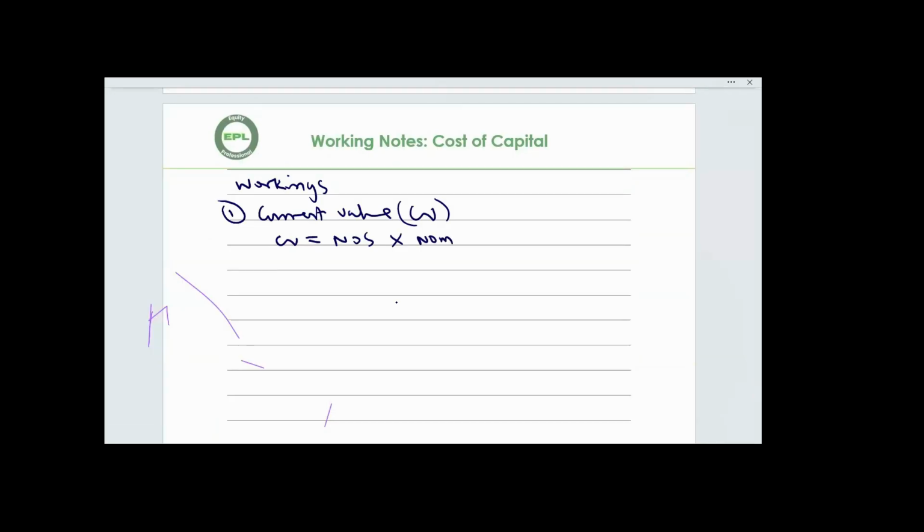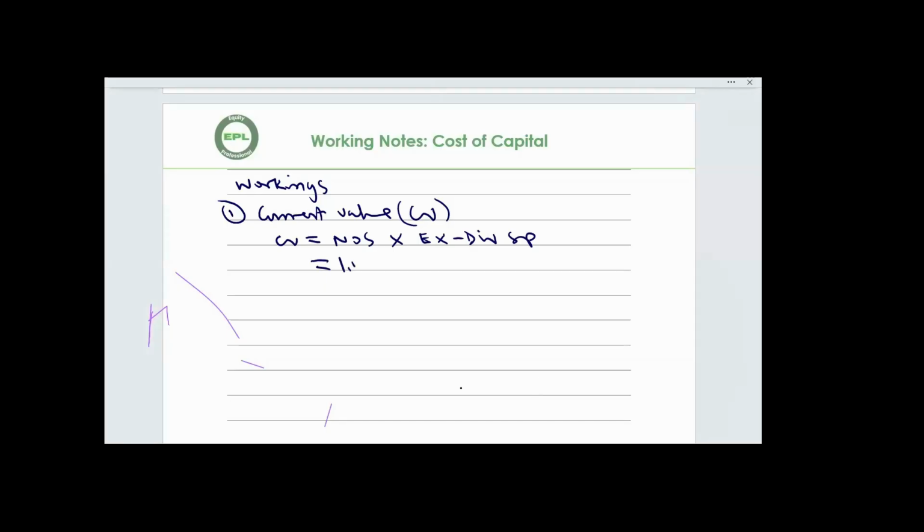Sorry, we are given market value, so multiplied by ex-div share price. The number of preference shares, according to the question, Johnson is financed with 1 million redeemable preference shares with a nominal value of 1 naira. So I don't need nominal value. I need market value.